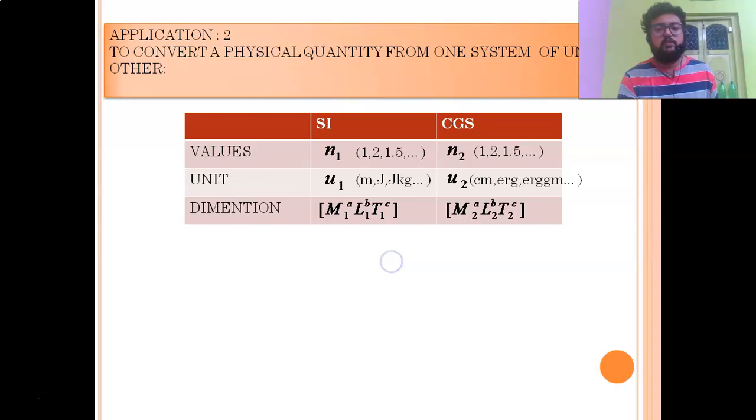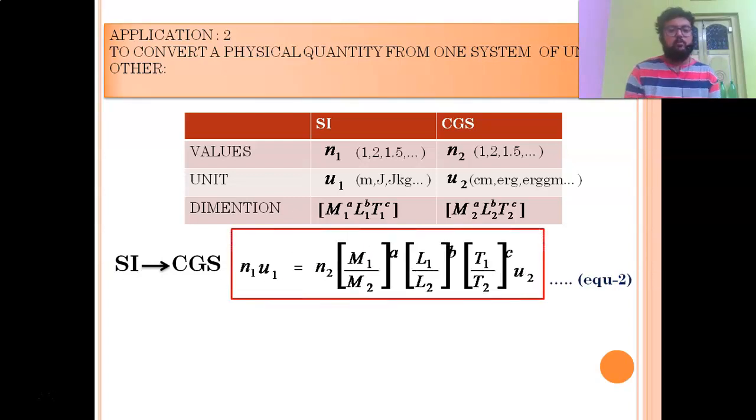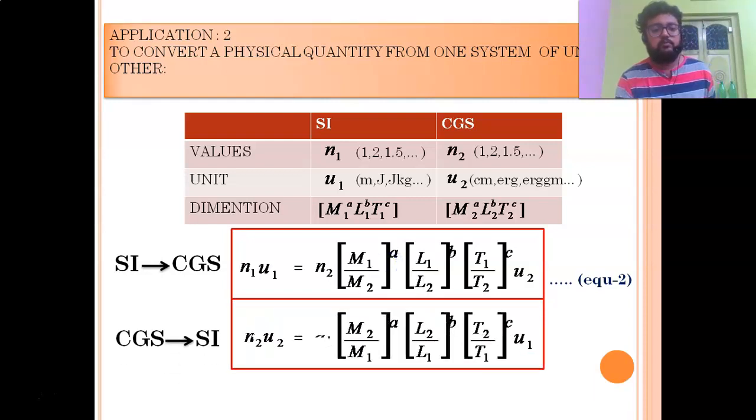And the dimensions are like this. Now to convert from SI to CGS, we use this formula, and to convert from CGS to SI, we use this formula.